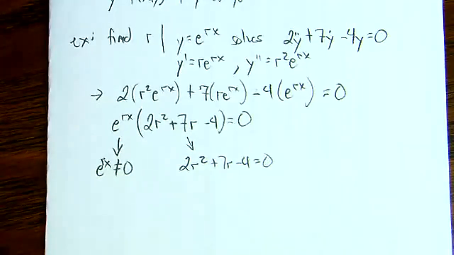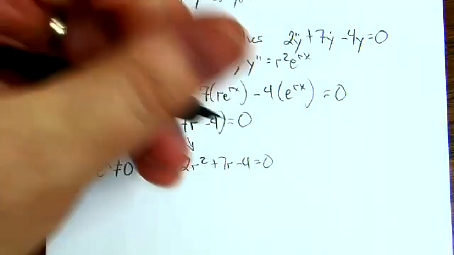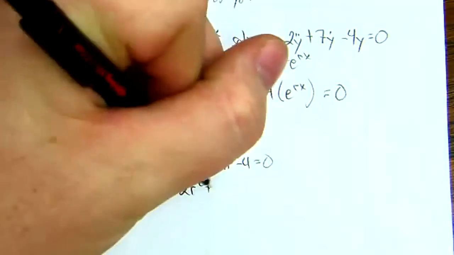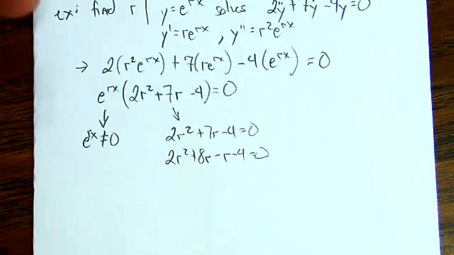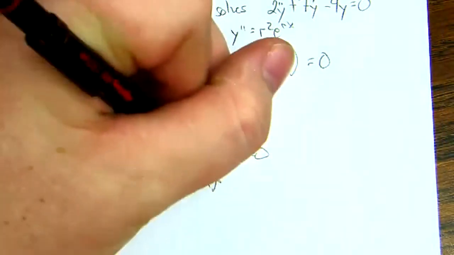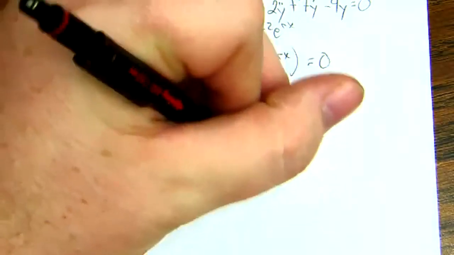This is just solving a quadratic. We've been solving this for years at this point. This is 2r squared plus 8r minus r minus 4 equals 0. I can take a 2r out of both of these, giving me r plus 4, and a negative 1 out of the last two, giving me an r plus 4.